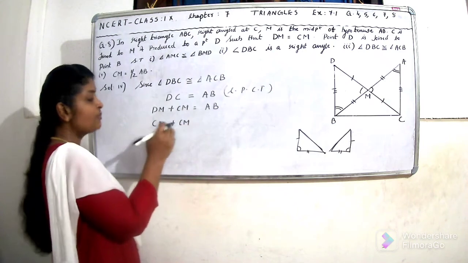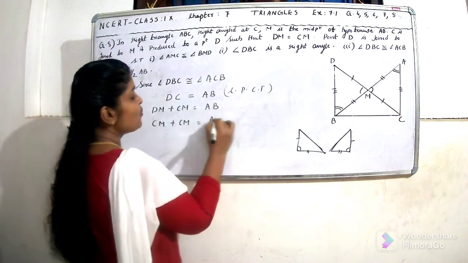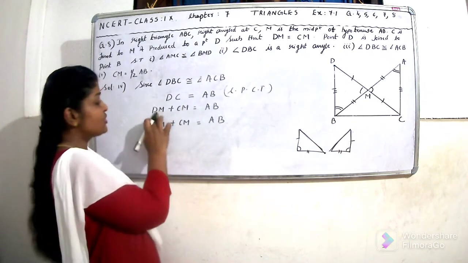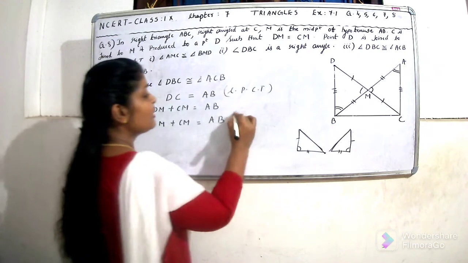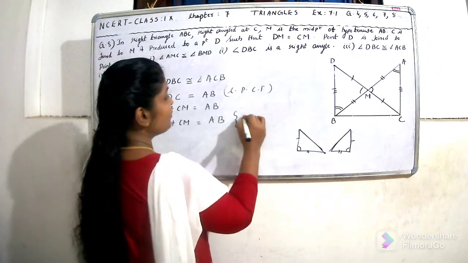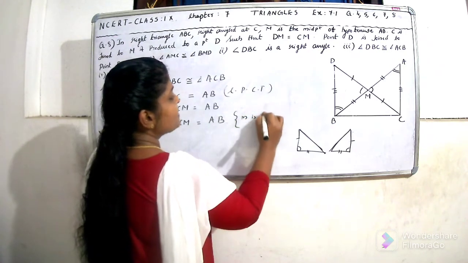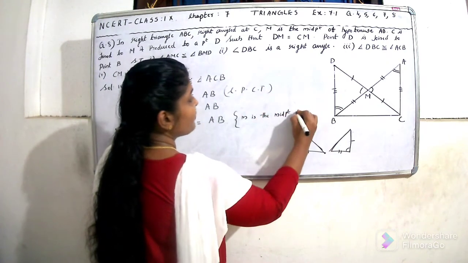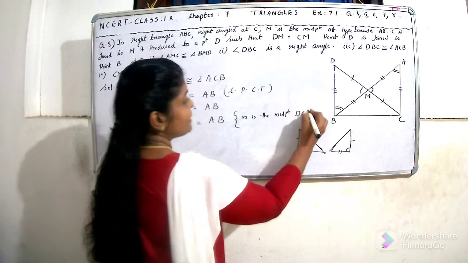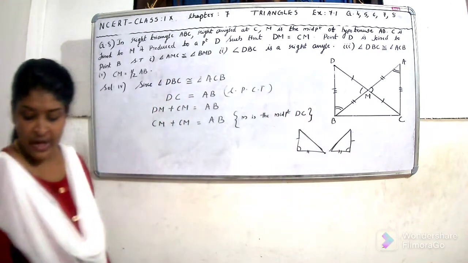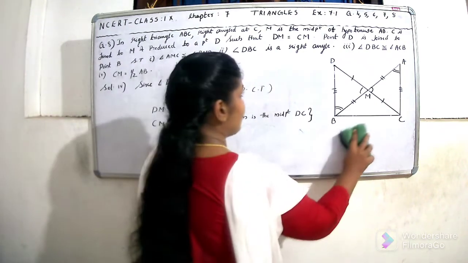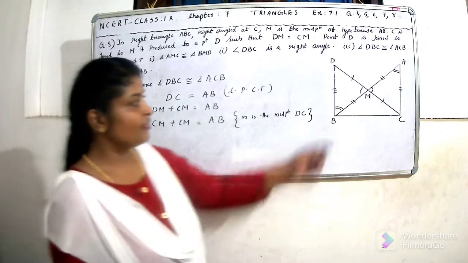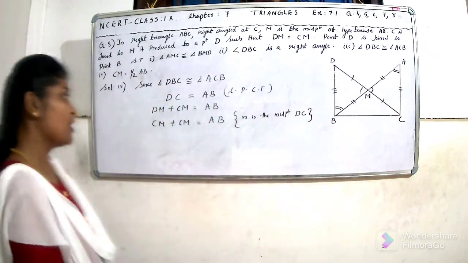Same name we will use, CM plus CM, that is equal to AB. Now why did we use CM instead of DM? Its reason, writing here: M is the midpoint of DC. Because of that the two are equal, or in the figure given these two are equal. Okay, so we wrote the reason.